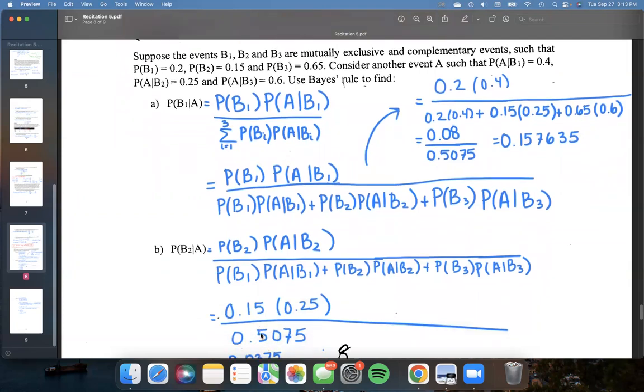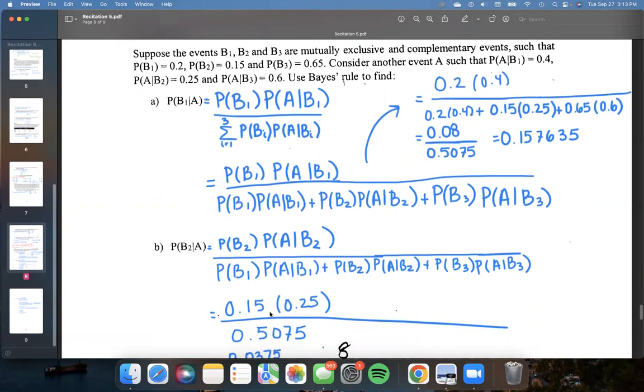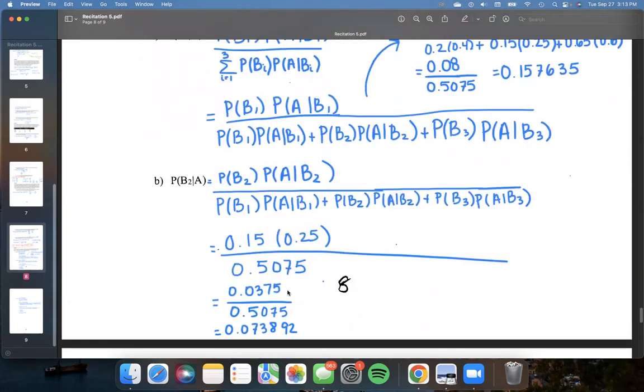The numerator is 0.15 times 0.25, so you get the fraction 0.0375 divided by 0.5075, which equals 0.073892.